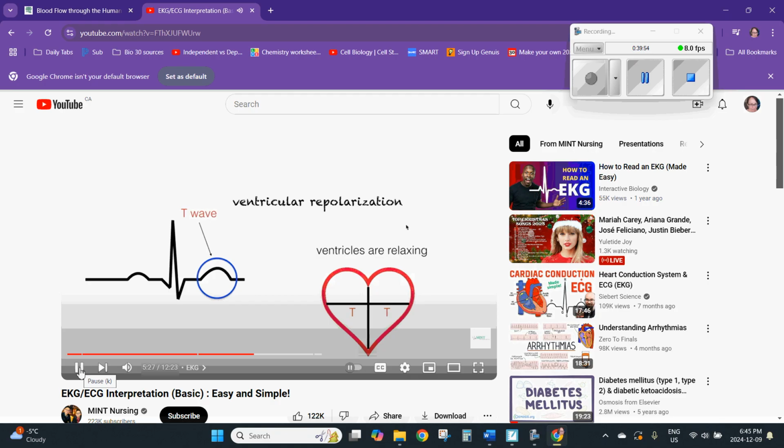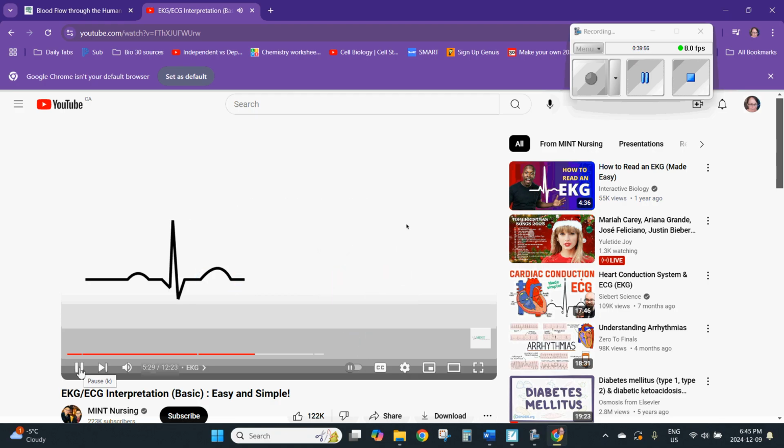That said, the question is, where is the beginning of depolarization? So if QRS represents ventricular depolarization or contraction, and T represents ventricular repolarization or relaxation, then where is atrial depolarization?